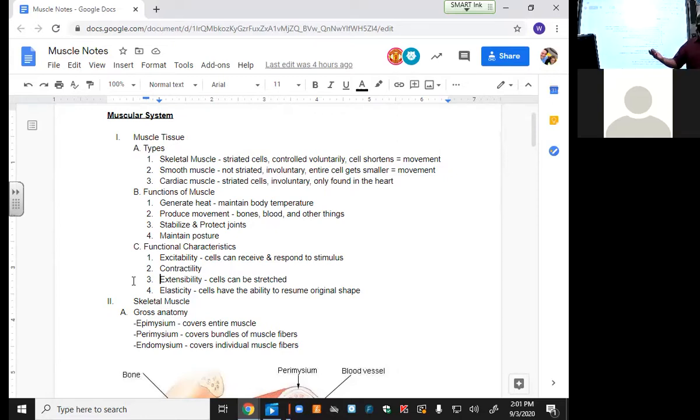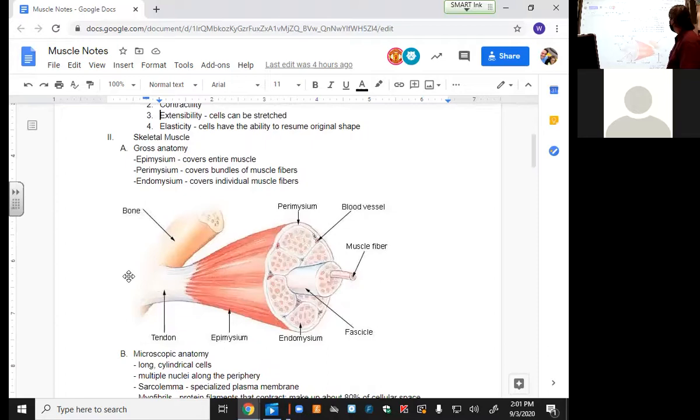Elastic cartilage. Because when you move your ear and then let it go, it pops right back to normal. Okay? So they have to have elasticity so that they want to go back to their normal resting position. All right. So that's pretty much the description of muscle tissue.